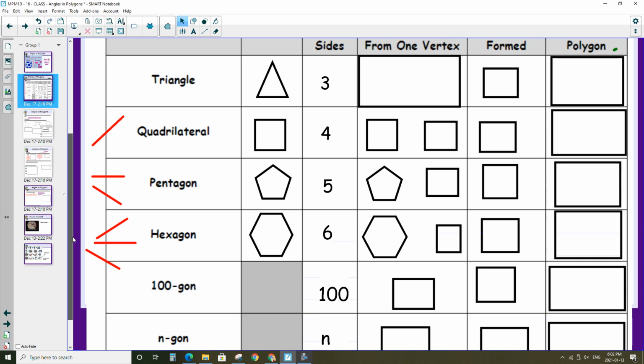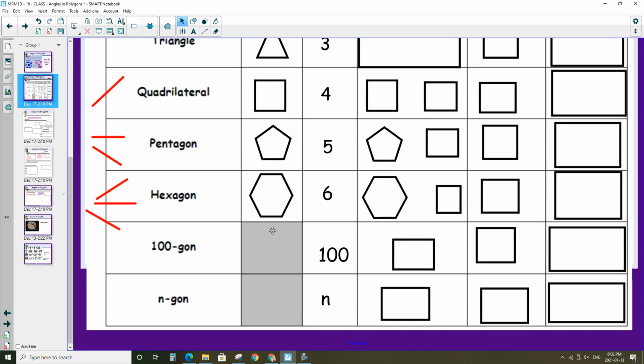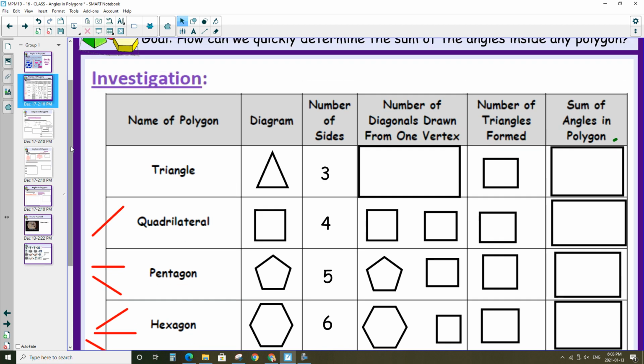Let's say we have a polygon that has 100 sides. How would we determine what the inside angles add up to? For example, the triangle: we know the angles inside that shape will add up to 180 degrees. A quadrilateral, if the angles are all 90 degrees, is going to add up to 360.